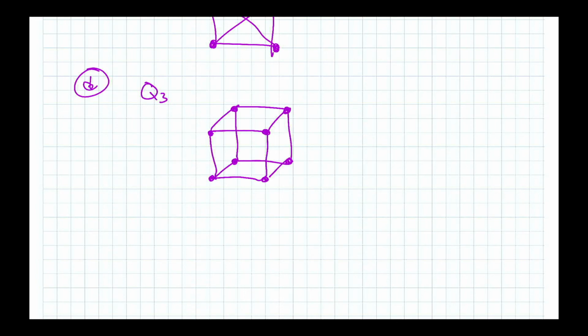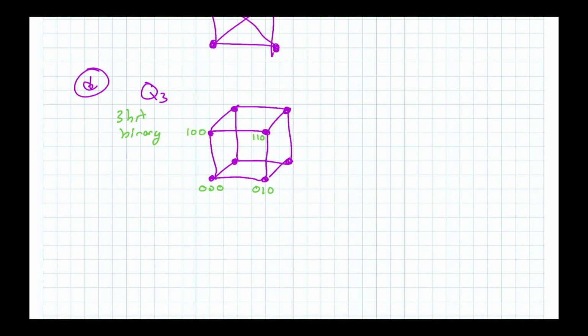The definition of Q3 actually comes from 3-bit binary numbers, where if you label every vertex on here with a binary number, like 0 0 0, 0 1 0, for example, 1 0 0, 1 1 0, then there's an edge between vertices if they differ in one place.